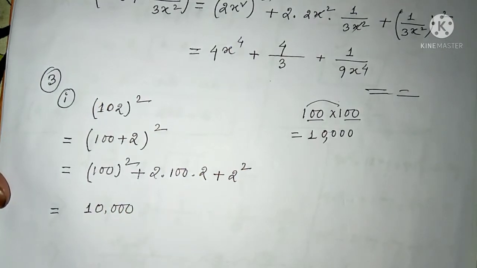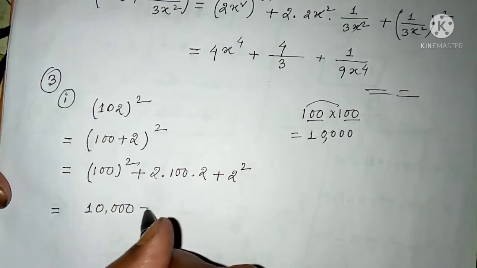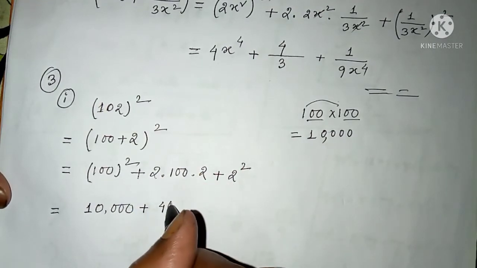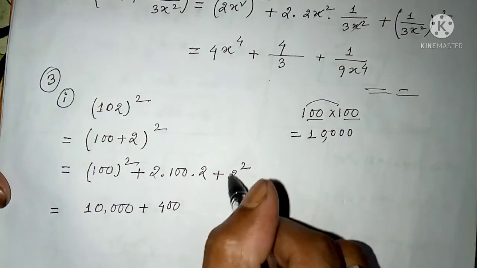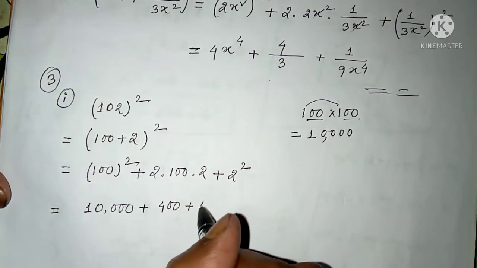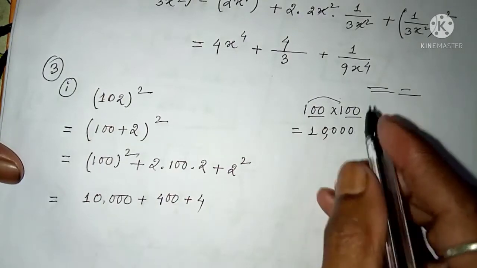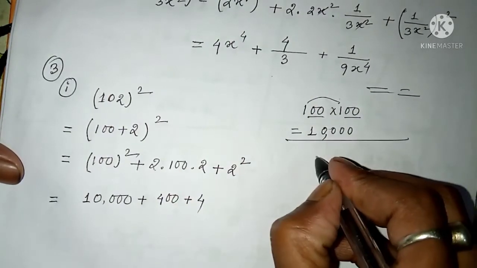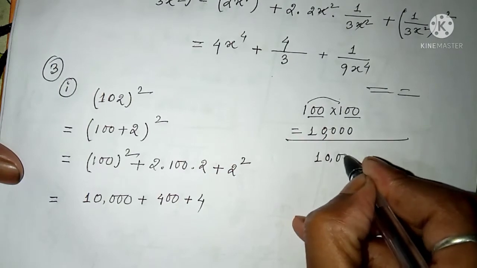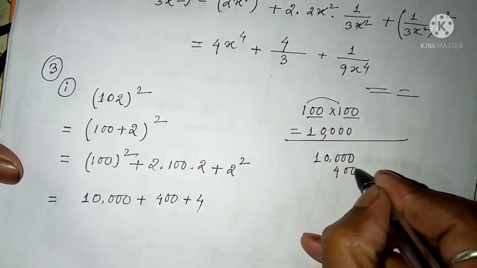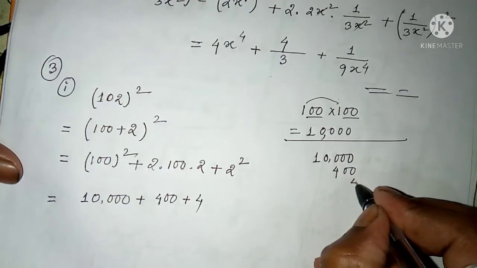Then you come here. 2 2s are 4, 4 into 100, that is 400. Again, 2 square means 2 into 2, which gives us 4. Now all of this you need to add up. So our first one is 10,000, then second we have 400, and at last we have 4.